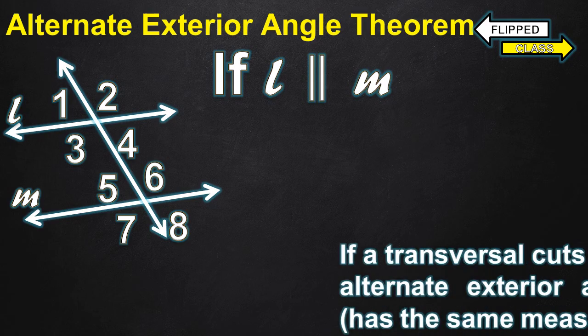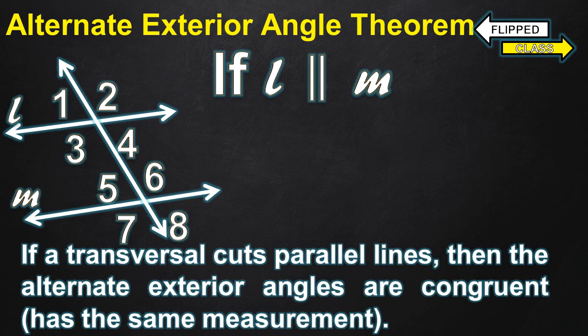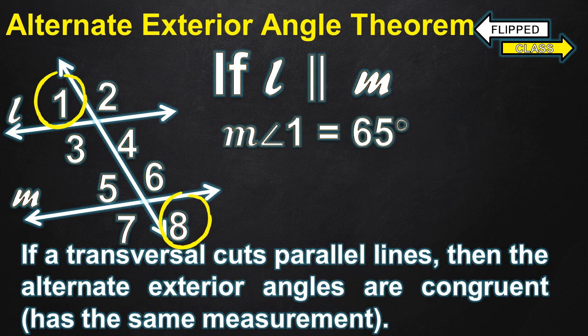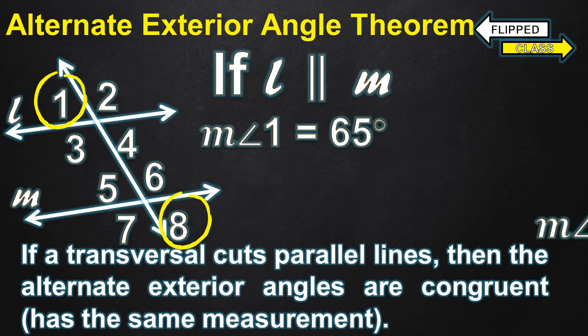This states that if a transversal cuts parallel lines, then the alternate exterior angles are congruent or have the same measurement. We have angles 1 and angle 8 here. If we say that the measurement of angle 1 is probably 65 degrees, we need to show that the measurement of angle 8 is also 65 degrees for this theorem to be accepted.